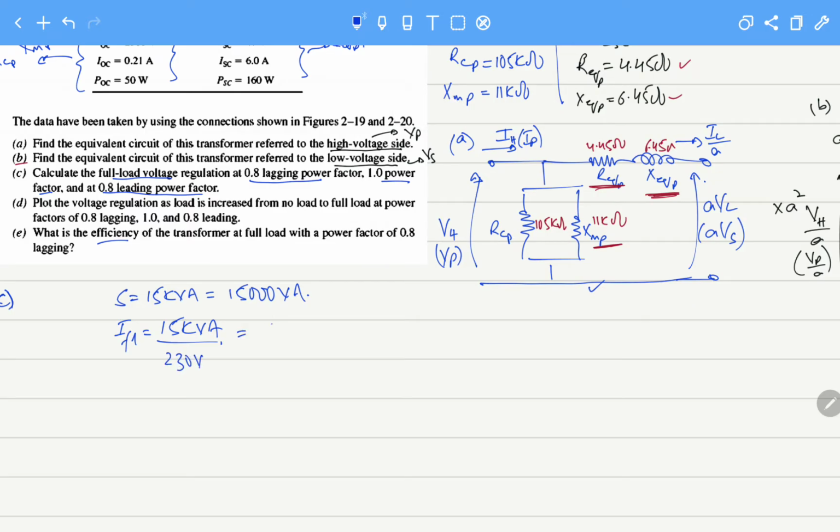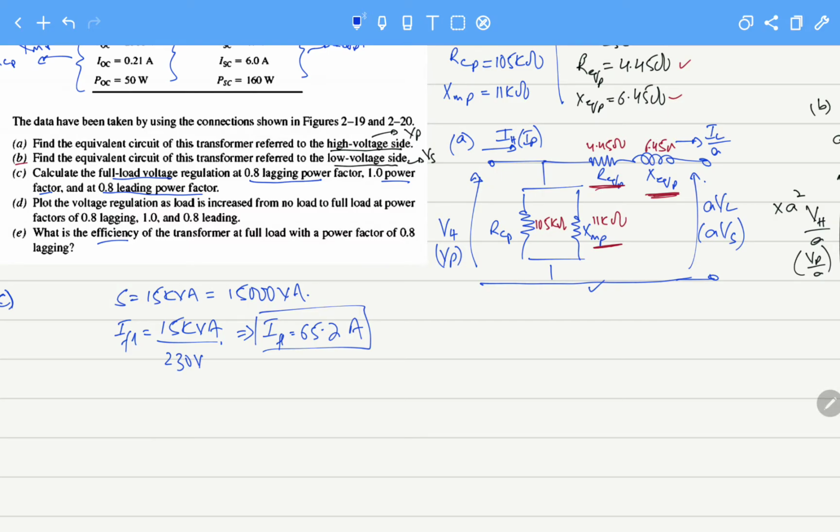So the full load current on the secondary side of the transformer, we have calculated it to be 65.2 amperes. Okay, now the important thing is we have calculated this current. What is the angle associated with the current? It is determined by the power factor.